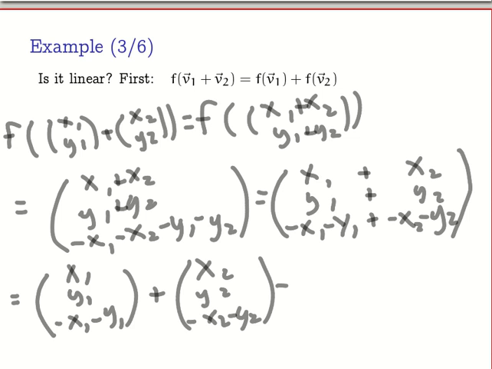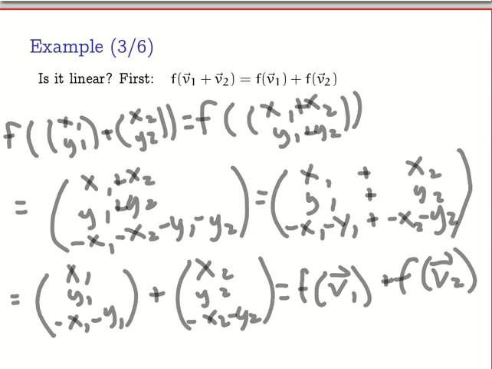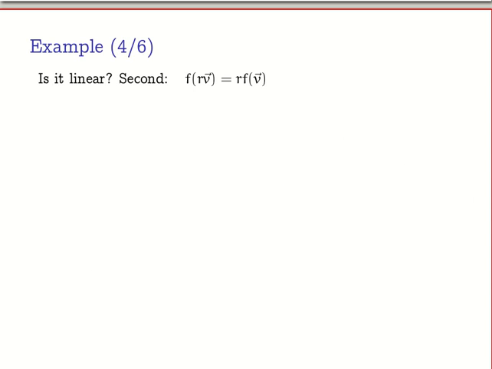We can see that this first vector is just f of v1, and the second vector is the image of v2. So this first property holds true.